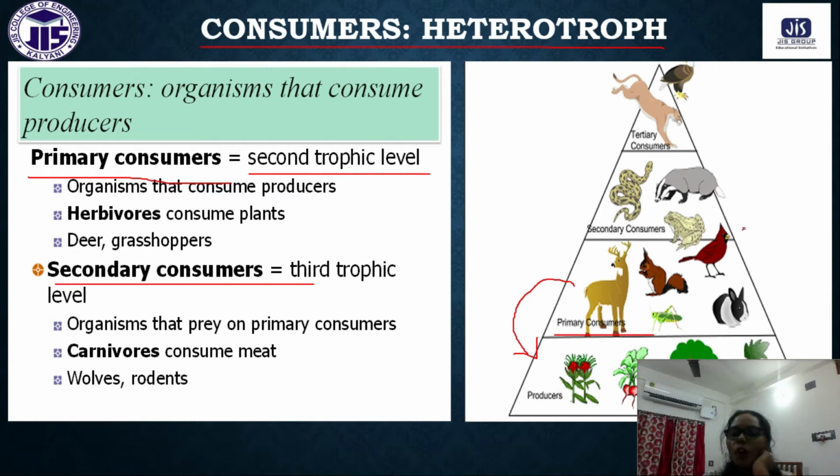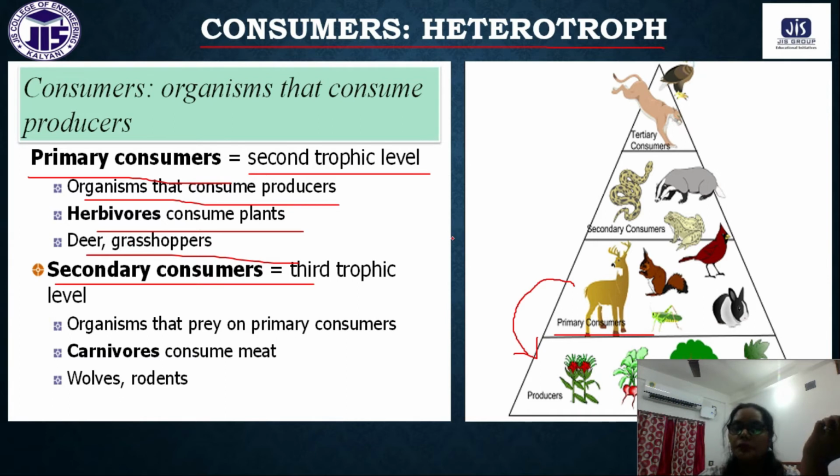That means all types of herbivores belong to this category. Herbivorous organisms consume plants, like deer, grasshoppers, rabbits, squirrels. All these are herbivorous and belong to the category primary consumer.